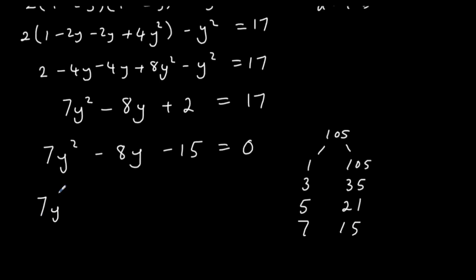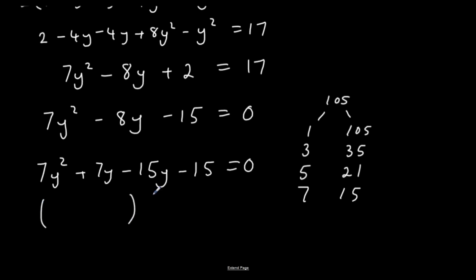So 7y squared plus 7y minus 15y minus 15 equals 0. So I can rewrite minus 8y as 7y, take away 15y. They are the same, they're equivalent. So I've just split it out into 2 terms.